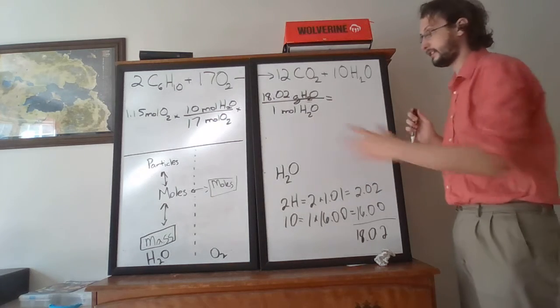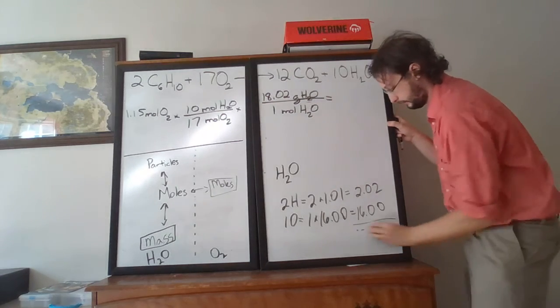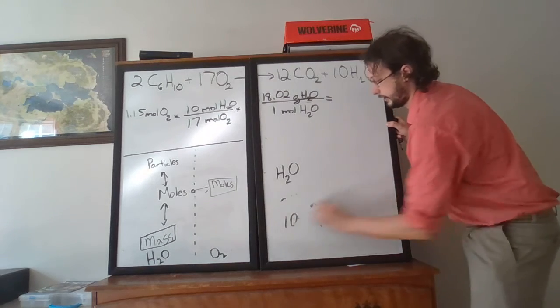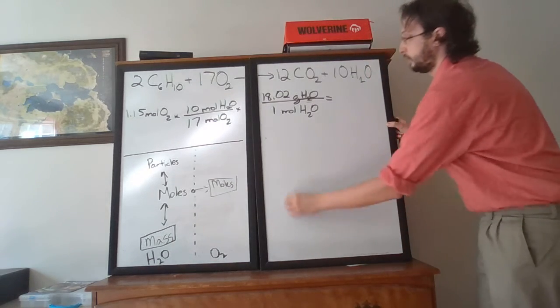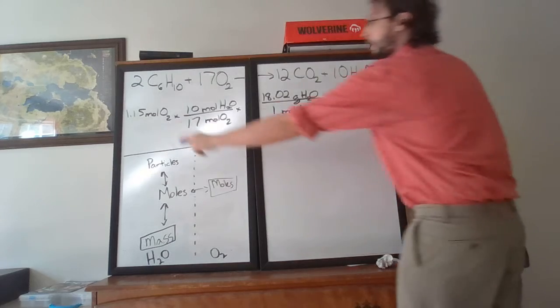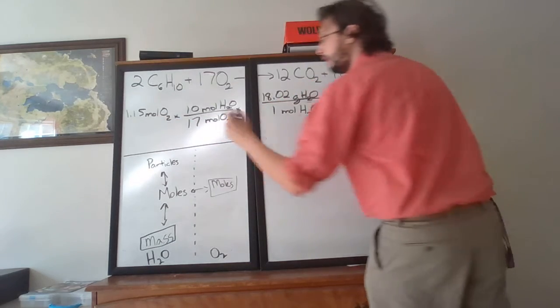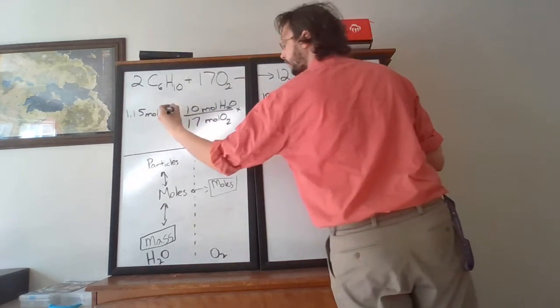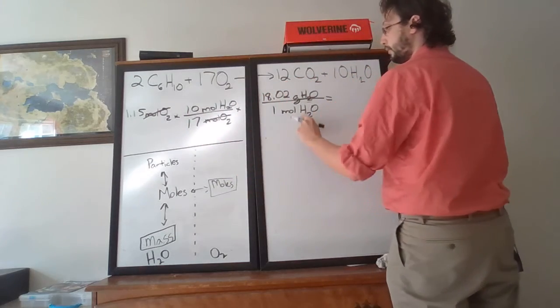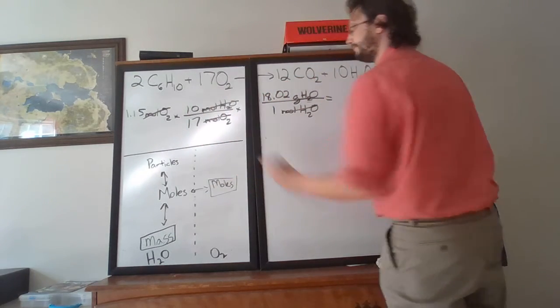Now let's see what cancels out and see if we can solve this multiplication problem up at the top of all those fractions. Moles and moles of oxygen, those both cancel out. Moles and moles of water, those both cancel out.